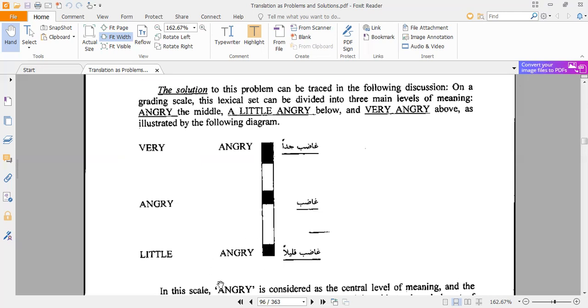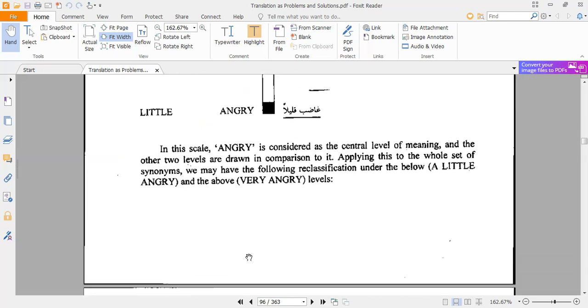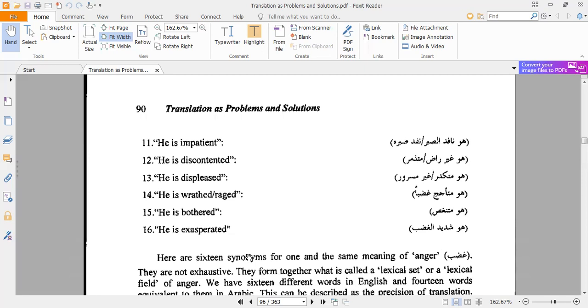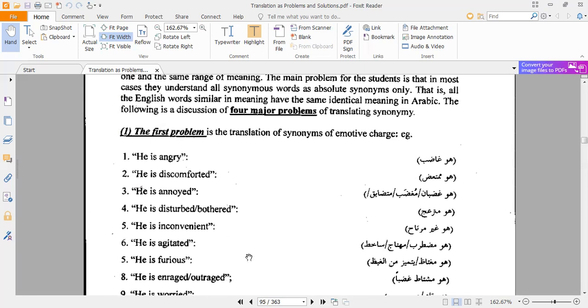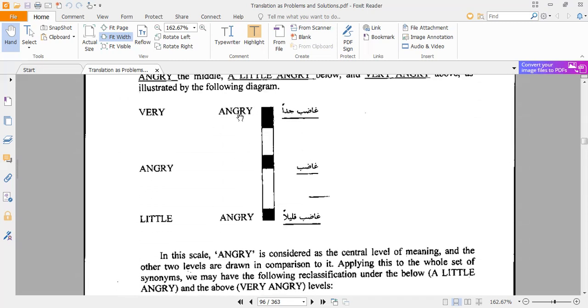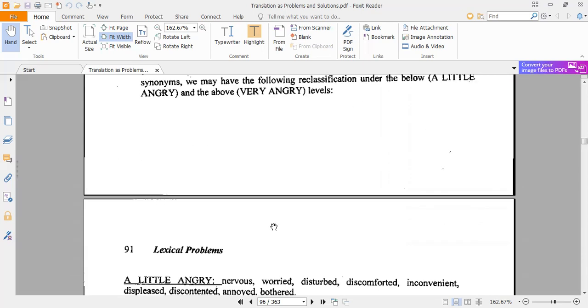The first area is little angry, the middle is angry or medium, and the top is very angry. يعني احنا بنقول غاضب قليلا، غاضب، غاضب جدا. الآن احنا هذه يعني قسمنا ال16 كلمة هدول. ممكن نقسم ال16 كلمة هدول اللي بيتكلموا عن angry كلهم لثلاث أقسام. القسم الأول بيشمل very angry، القسم الثاني angry، القسم الثالث little angry.